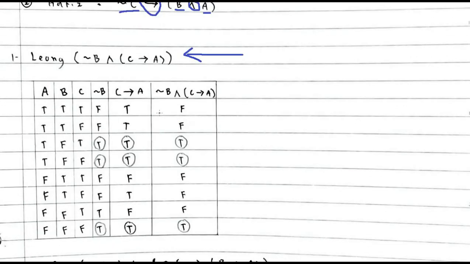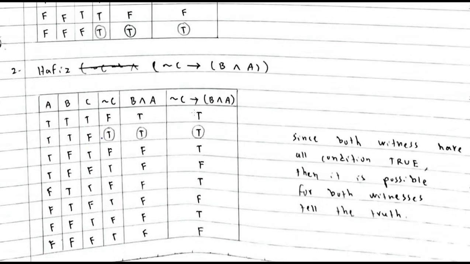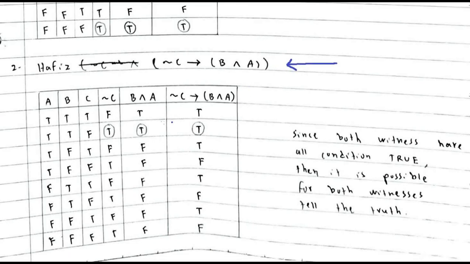So based on Leong's witness, we can see that it has three rows that have all conditions true. Okay, so next for Hafiz witness, this is the equation that we derived. For Hafiz's truth table, we can see that it only has one row that has all conditions true.